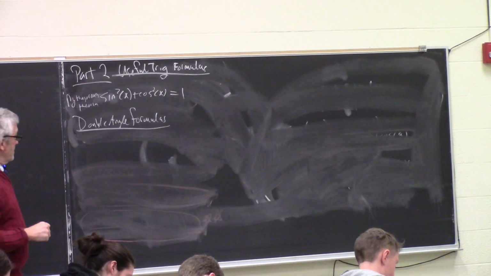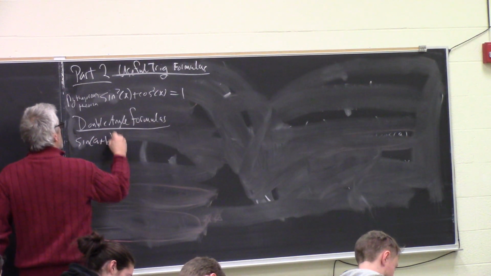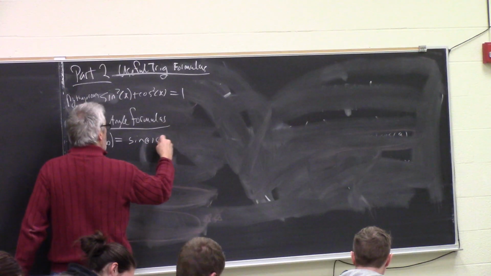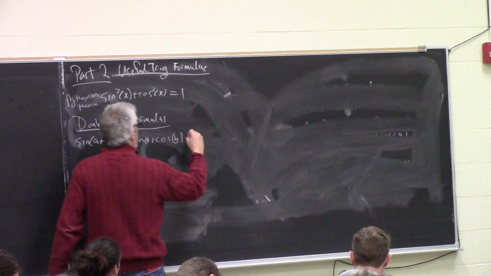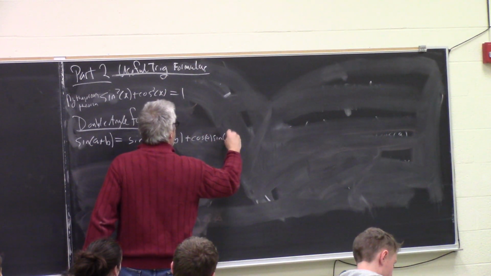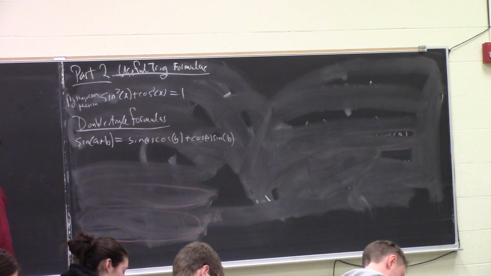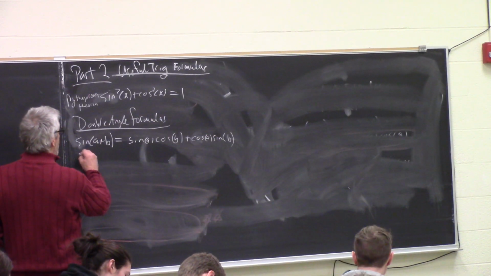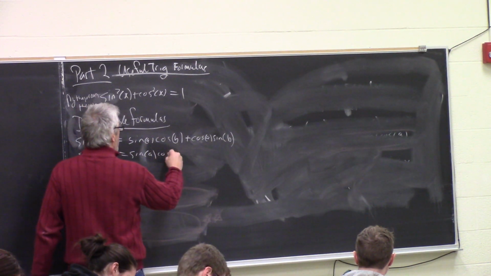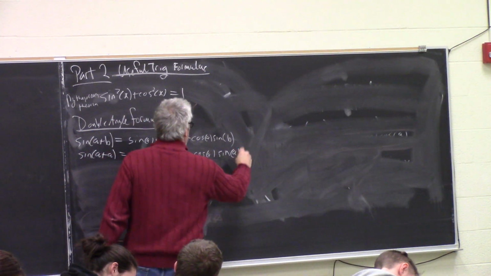So out of the deep recesses of your brain, recall this, that sine of A plus B is equal to sine A cos B plus cos A sine B. So if I replace B with A, sine of A plus A, that's going to be sine A cos A plus cos A sine A. Well, those two terms are identical.